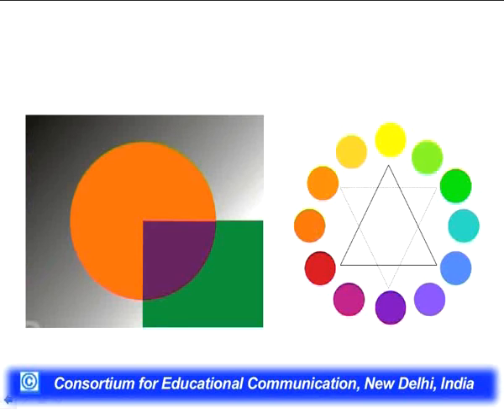These are the colors: the yellow orange, green, and violet. These three colors will make the scheme. So it has some characteristics of analogous and some characteristics of split complementary, and many times it is successful in providing the message.